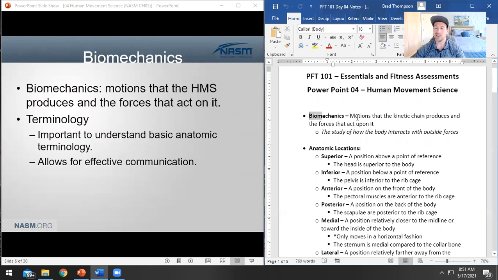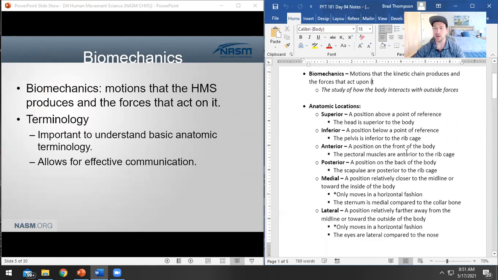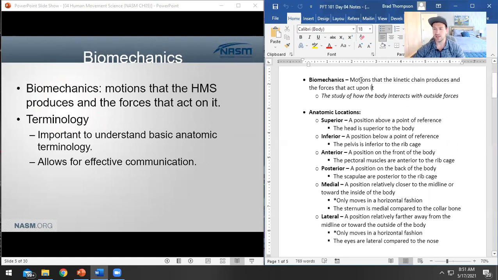So one of the big key terms that we're going to be using here is biomechanics, right? Biomechanics is the motions that the kinetic chain is producing and the forces that are acting upon it. So when we say what biomechanics are, it's literally your movements.